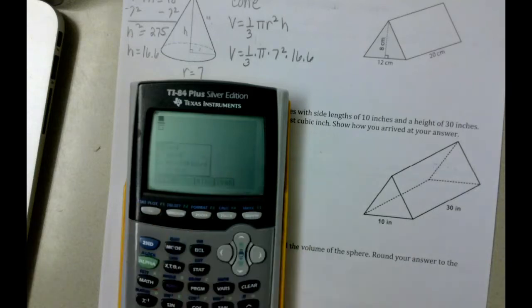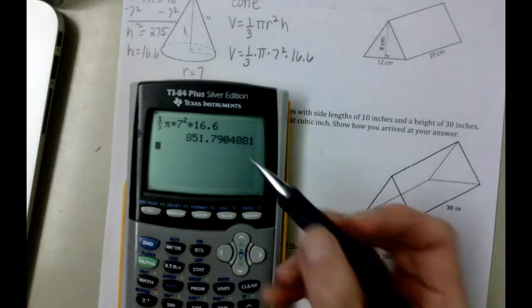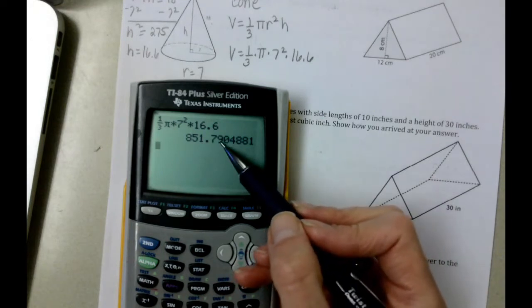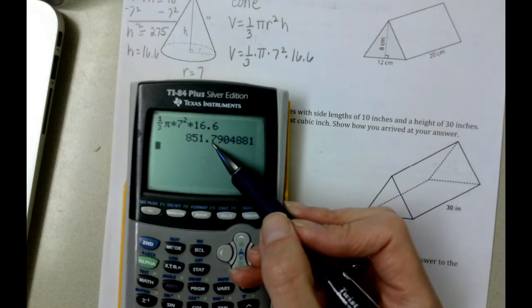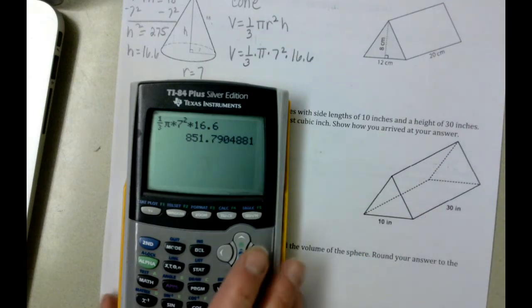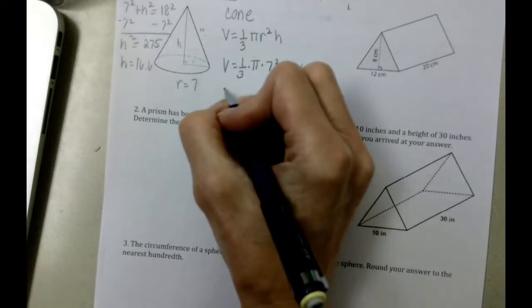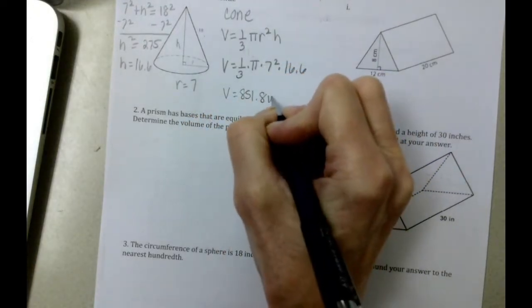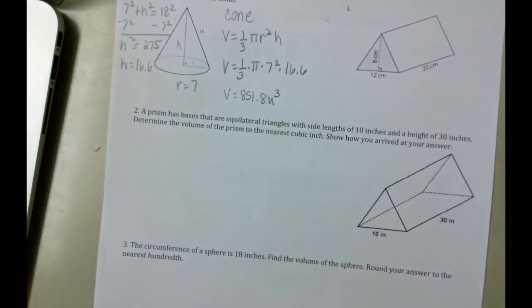So 1/3 times pi times 7 squared times 16.6, and we end up again looking at this 9 to round to the nearest tenth. 9 is 5 or higher, so that's going to round that 7 to an 8. We get 851.8. And there's no units on here, so I'm just going to say units cubed.